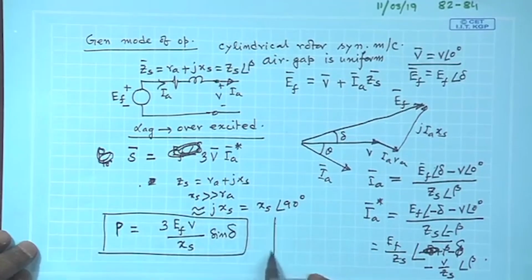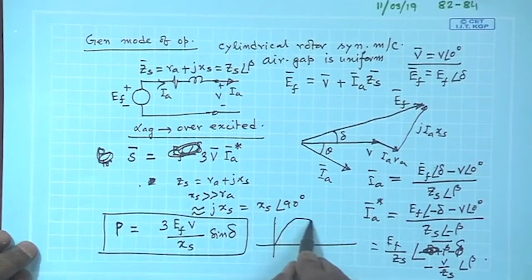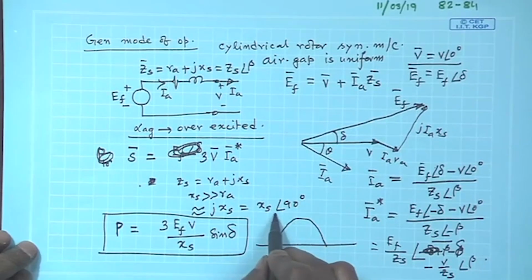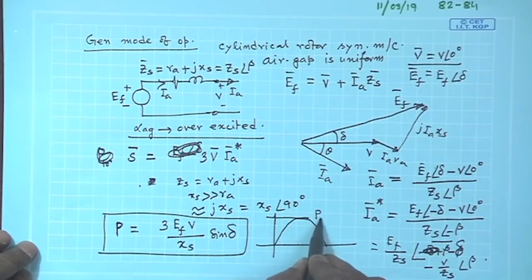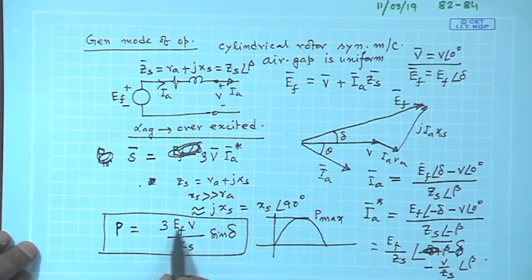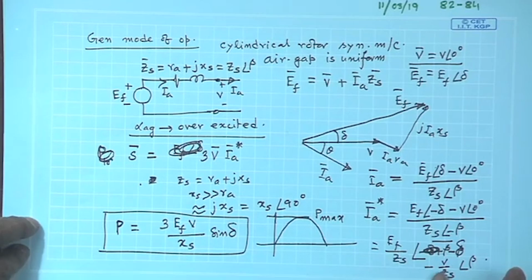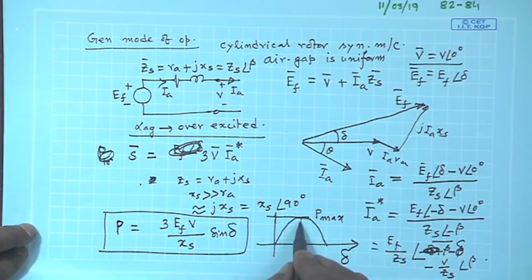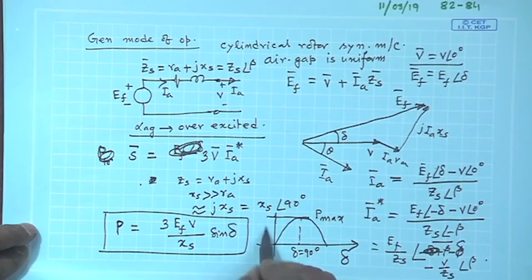And the P delta curve will be sinusoidal, with a distinct magnitude P max, and value of P max is proportional to terminal voltage into E f by X S. This is delta. Maximum power or torque it can develop is at 90 degree. This side is power. Okay.